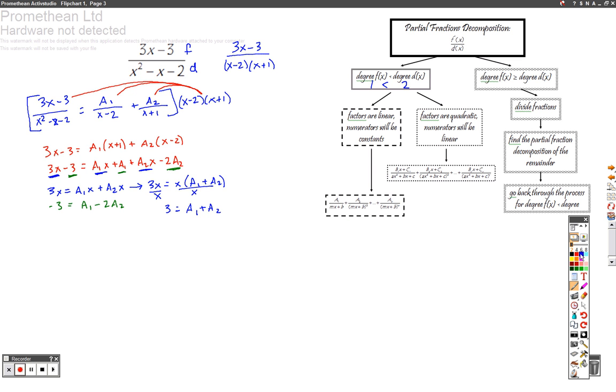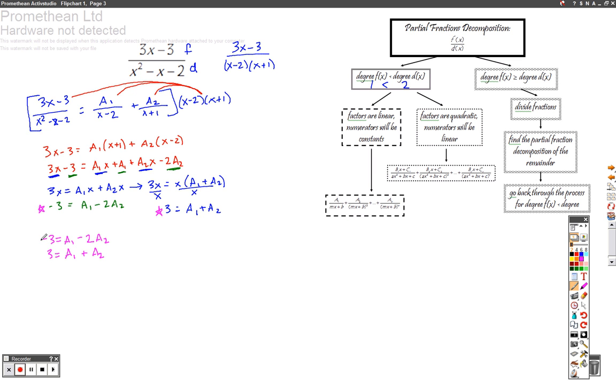So what I'm going to do over here is I'm going to now solve these. So what I have is negative 3 equals a1 minus 2a2. That's this equation. And I have 3 equals a1 plus a2. And that would be this equation over here.